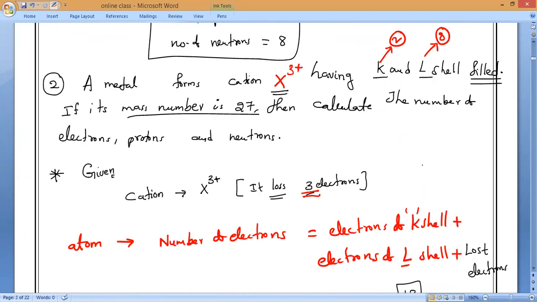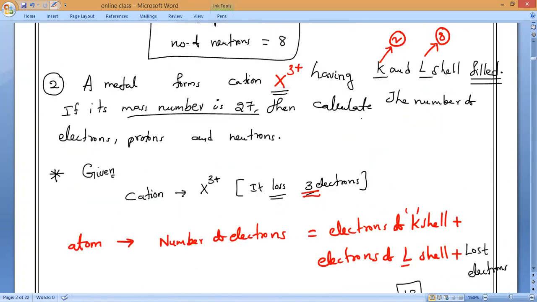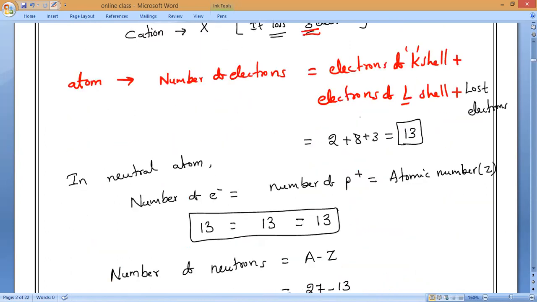So solve this question. Once this question is over, we'll see the next question. Write it. Any doubt anywhere? Anyone please ask me.